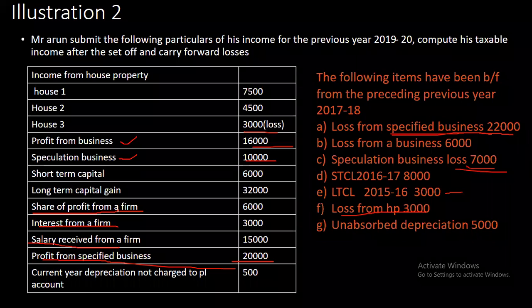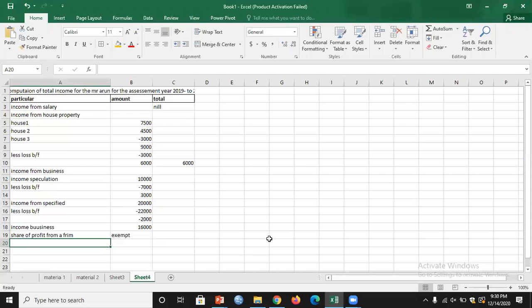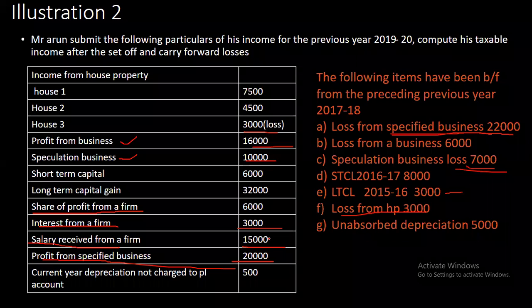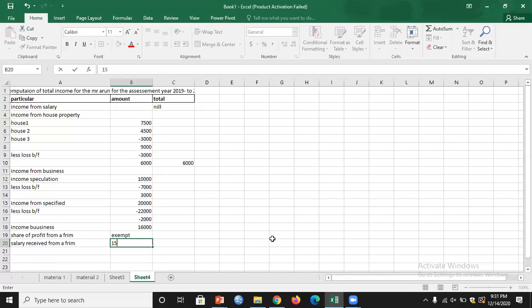Then the next thing: interest from a firm must be a taxable item, and so must the salary received from a firm, which is around 50,000. These two things can be added. Salary received from a firm is around 50,000.